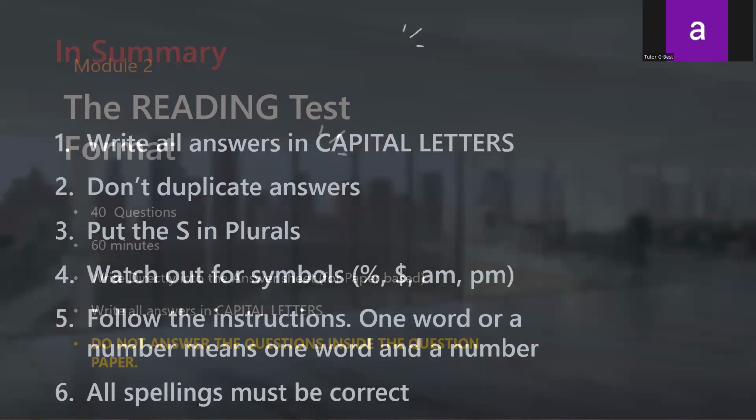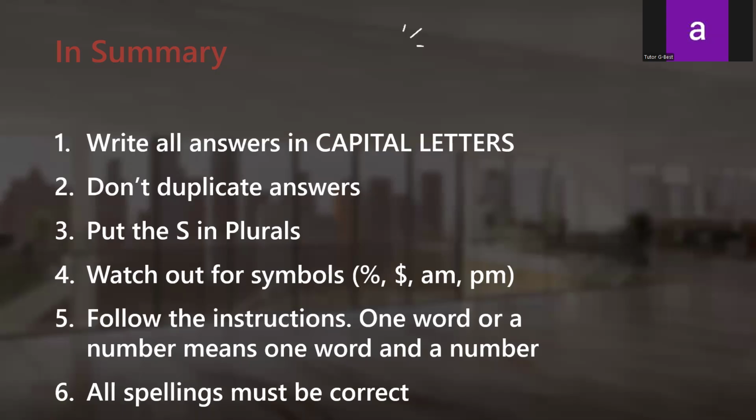So that brings us to the end of the listening module. This is just a general tip. In subsequent videos, I'll do detailed classes, recorded classes, on how to answer some of these listening questions in depth.